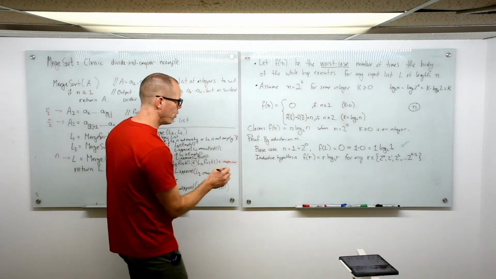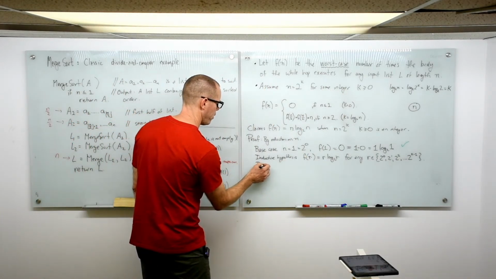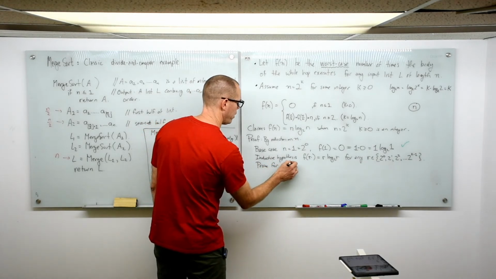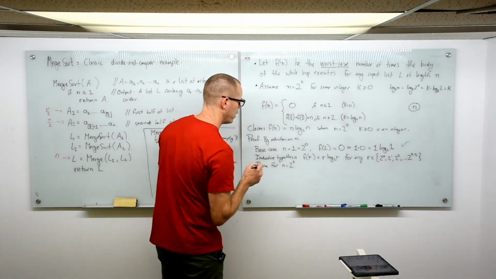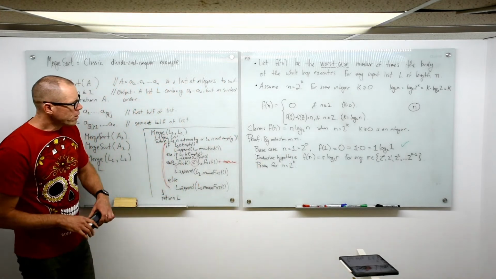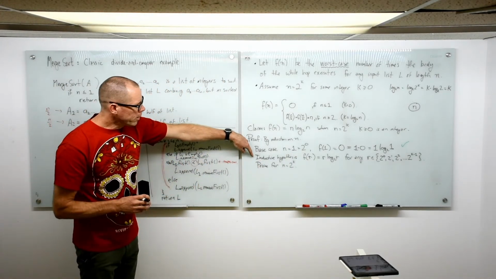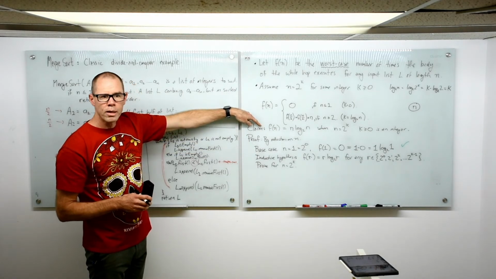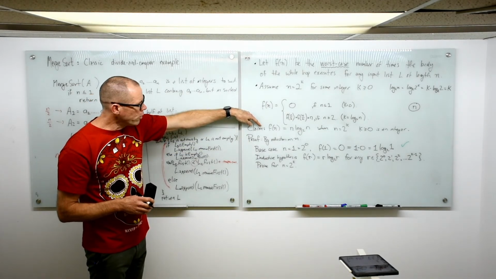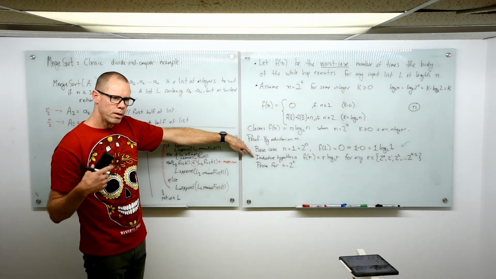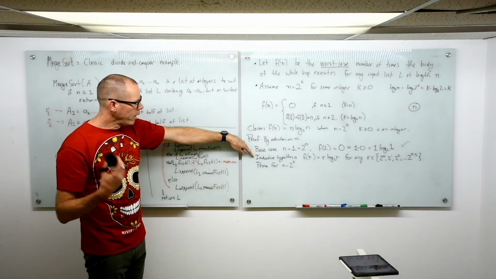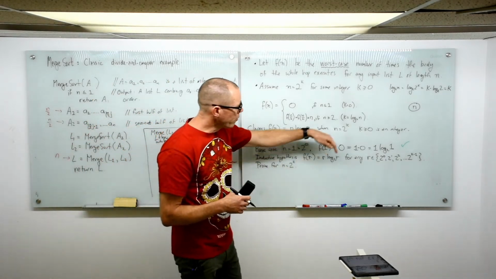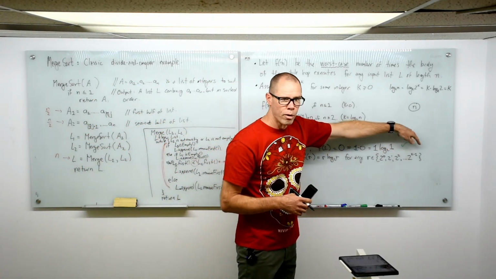And now we want to prove it for n equals 2 to the k. So we have to be careful about the inductive hypothesis here, because we're trying to prove something that's only true for powers of 2. So that means when we want to assume it for the smaller things, we can only assume it for the smaller things which are a power of 2.